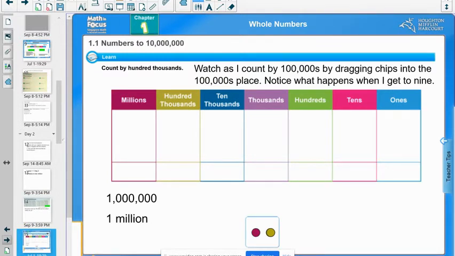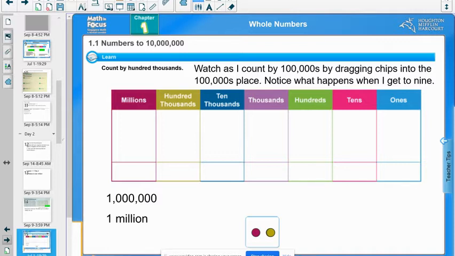What does that look like using our periods and our place value chart? So counting by 100,000s, watch as I count by 100,000s in this visual model by dragging the chips to the 100,000s place.